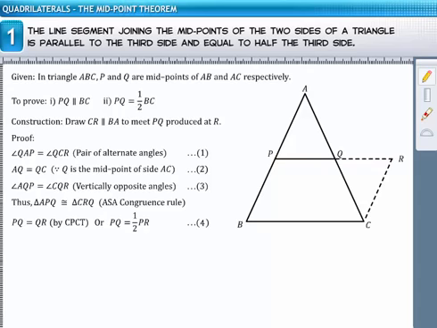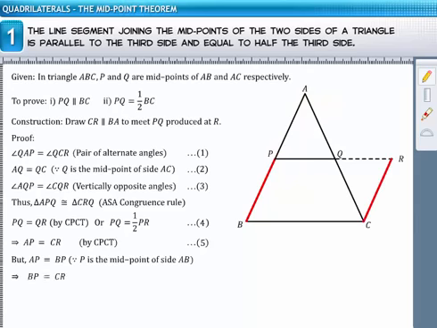Also, AP is equal to CR, but AP is equal to BP, since P is the midpoint of the side AB. This implies BP is equal to CR. Also by construction, BP is parallel to CR.